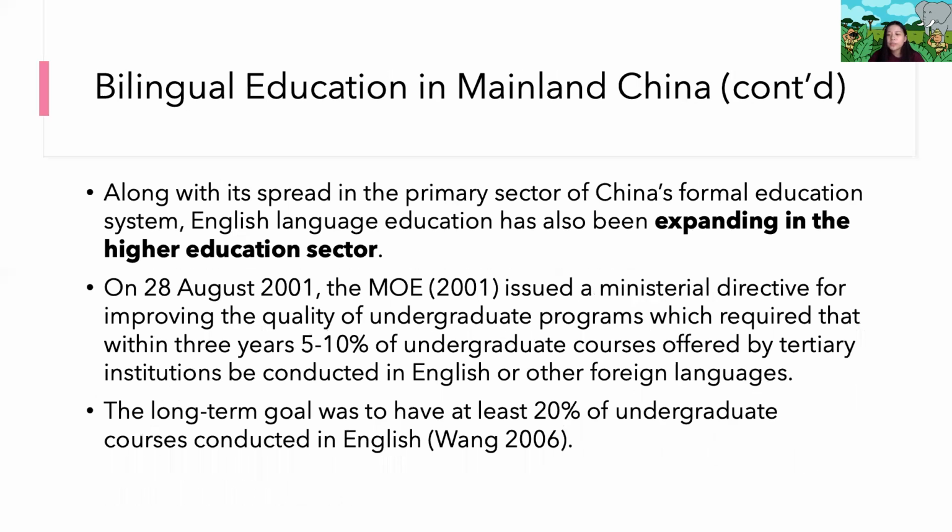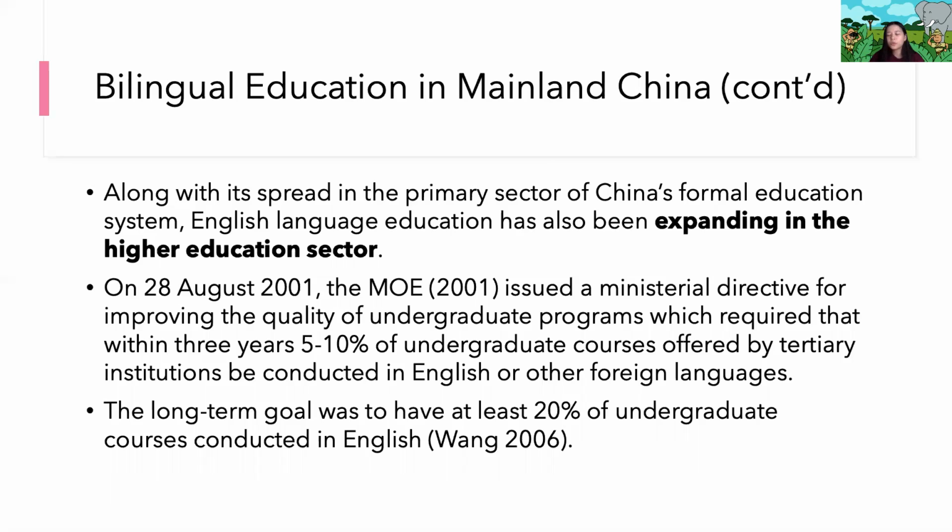Not only at elementary and secondary levels, English language education has also been expanding in the higher education sector. In the same year, 2001, in August, the MOE issued a directive for improving the quality of undergrad programs, which required that within 3 years, 5 to 10% of undergrad courses should be offered in English or other foreign languages.